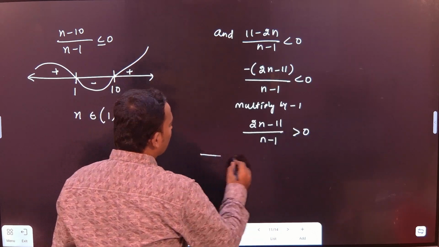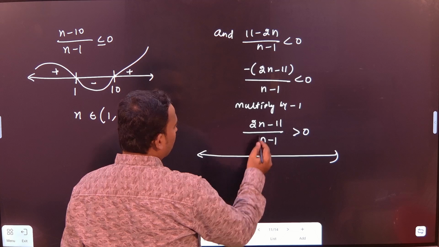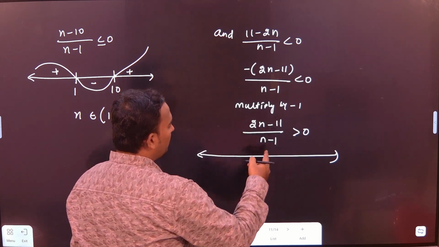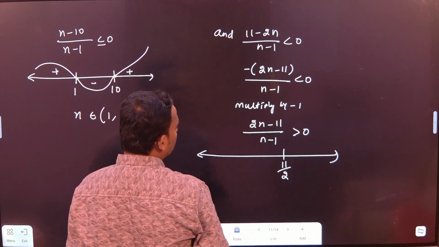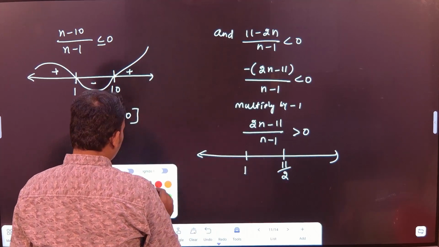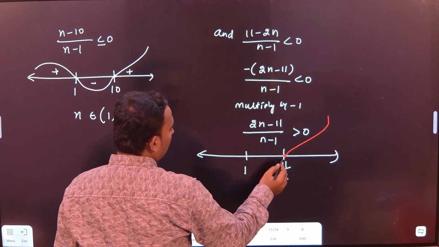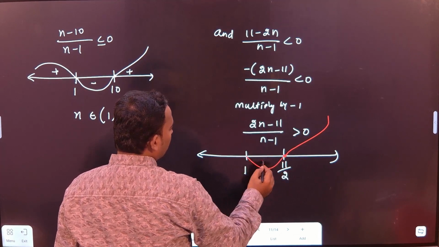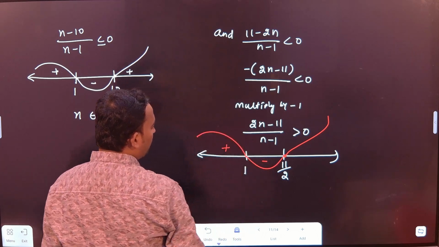Now you can see what the critical points are here: 11 by 2 and 1. 2n minus 11 equal to 0 gives 11 by 2, and then here is 1. You can start with a positive. 11 by 2 is an odd power, change the sign, minus. 1 is also an odd power, change the sign, positive.